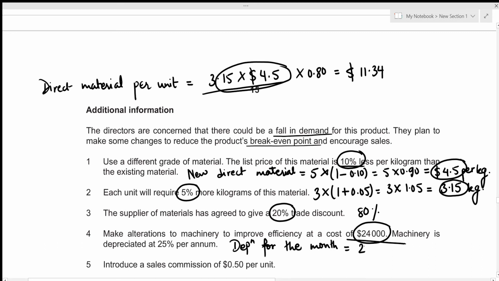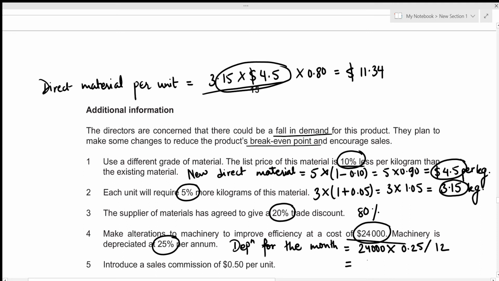So that's just going to be 24,000 times our rate. So the rate of depreciation is 25% right here. So that's 0.25. But remember that this will give the depreciation for the year, or on the annual basis, but we only require depreciation for this month. And we know that there are 12 months in a year, so we will just be dividing it by 12 in order to figure out the charge for 1 month.